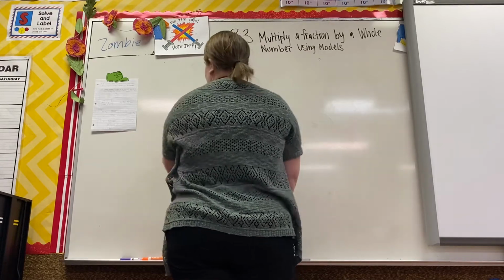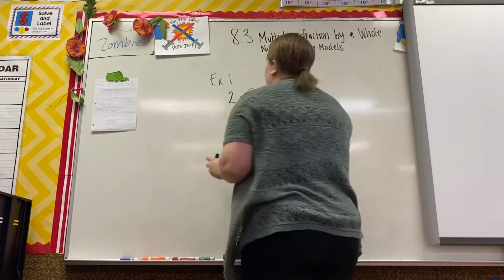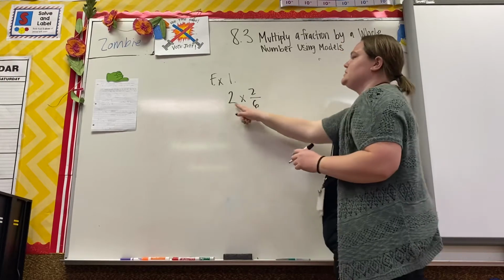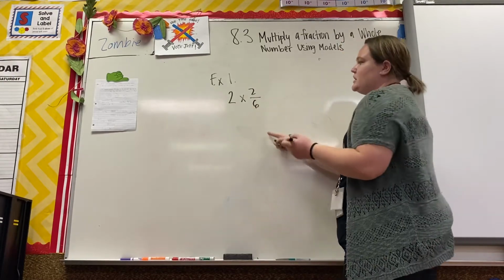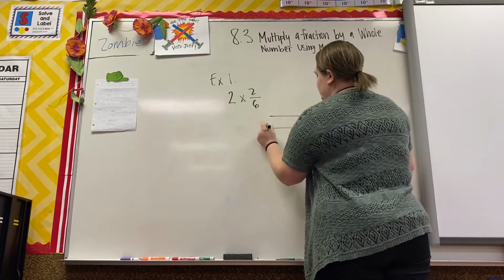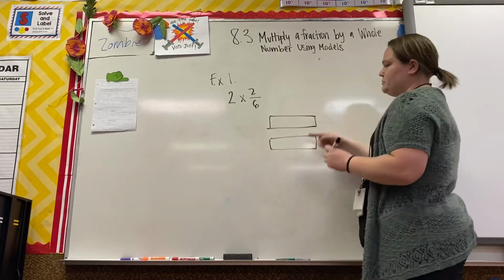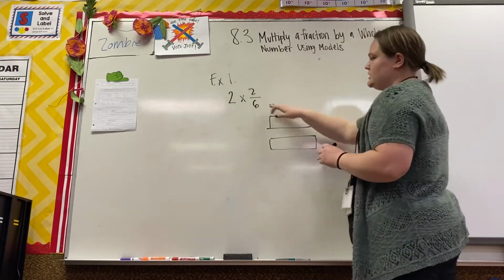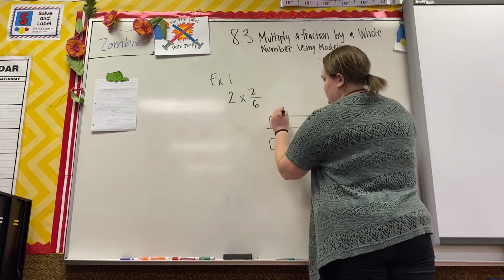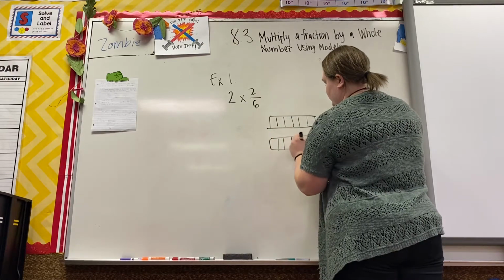All right, so if I have 2 times 2/6, I want to represent this as a model. I have 2 groups of 2/6. So I'm going to draw 2 boxes, and this is my 2 groups, and I'm going to split each one into 6 because I have 6 as my denominator. So 1, 2, 3, 4, 5, 6. 1, 2, 3, 4, 5, 6.